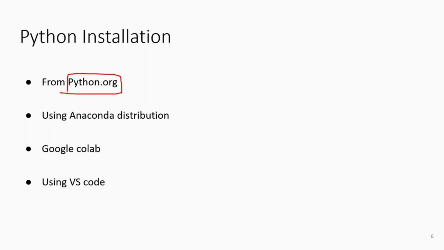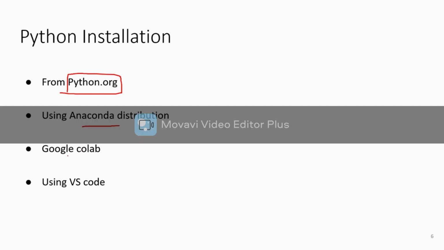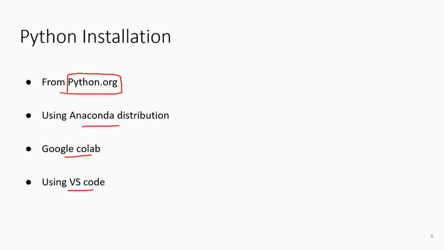Using Anaconda distribution, that is the second method. Then the third method is using Google Colab. Then the last one is using VS Code. So these are the four ways I'm showing you how to install Python. There are other ways too, but I am discussing only these four.